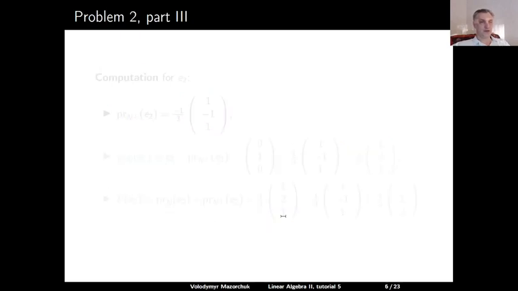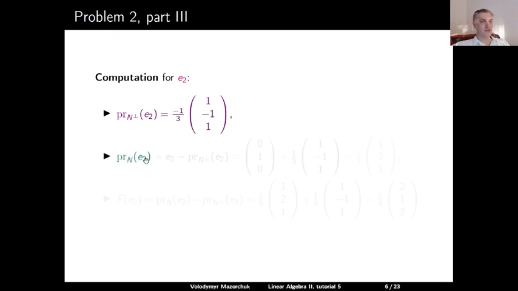Now let us compute for E2. The projection of E2 onto the orthogonal complement is given by our vector v, which is (1, -1, 1), times the following fraction. The denominator is 3, it's the same as in the previous case. And the numerator is a scalar product between E2, which is (0, 1, 0), with the vector v. So it's 0 minus 1 plus 0. It's minus 1.